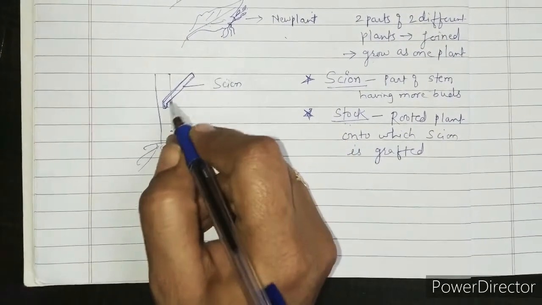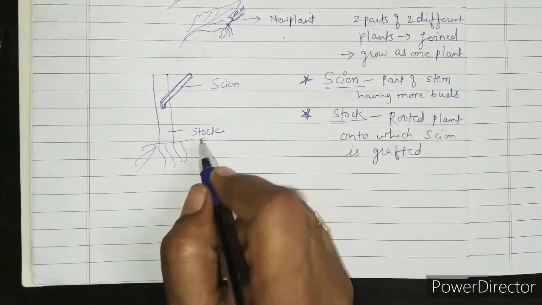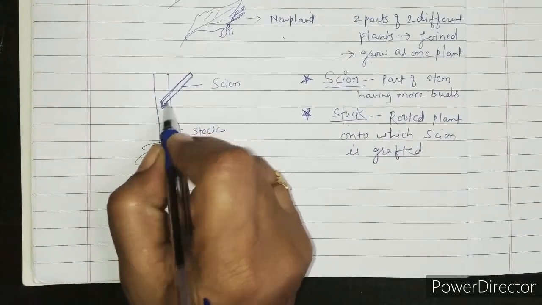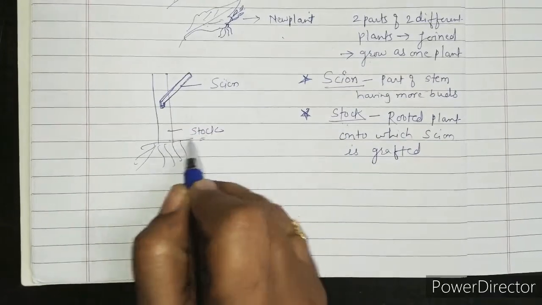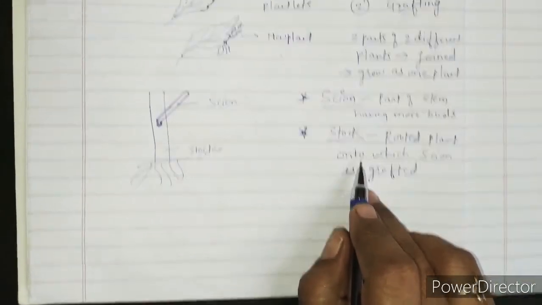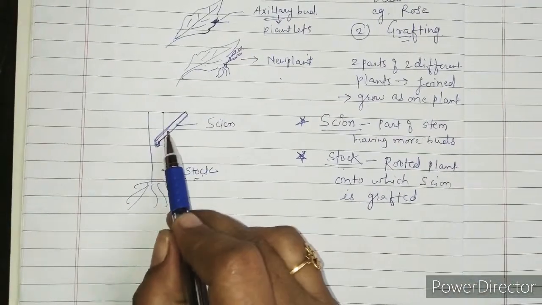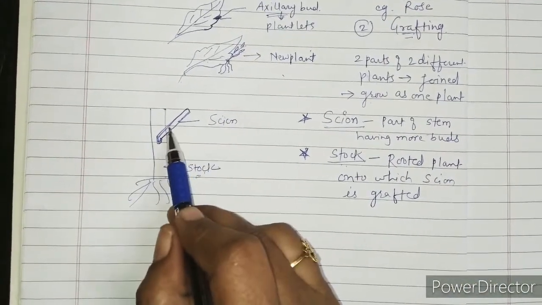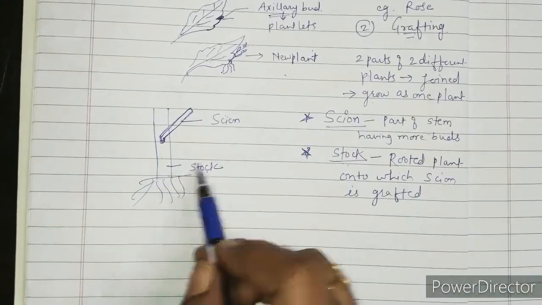So scion is grafted onto the stalk. Scion is joined to the stalk, and it gives rise to a new plant which has the combined characters of the scion and the stalk.